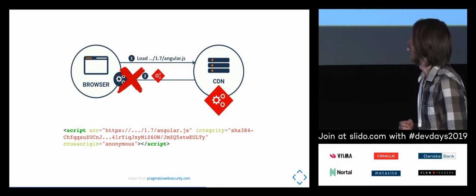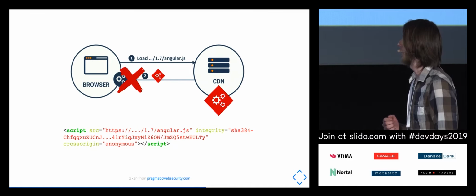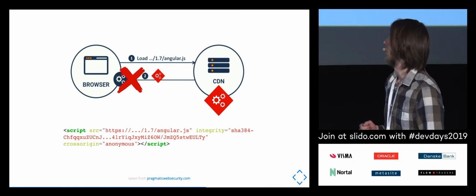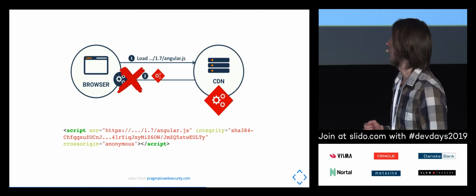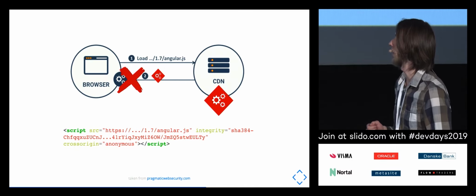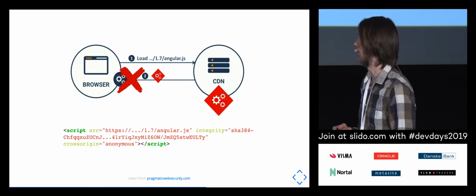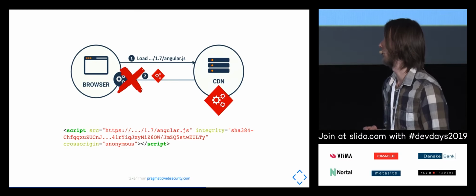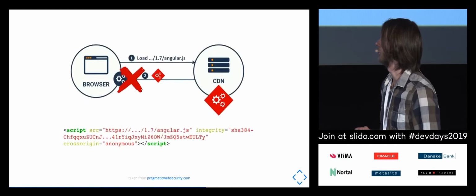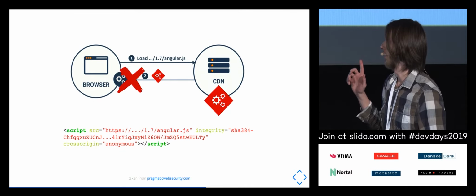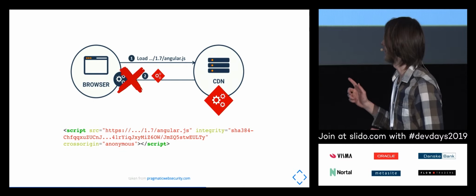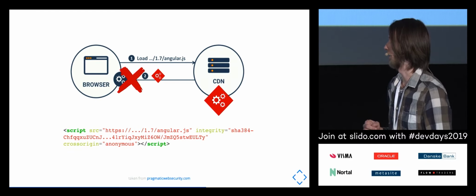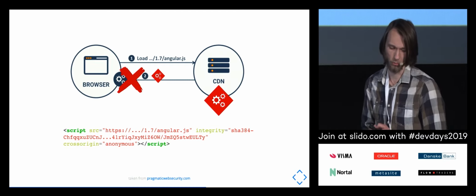So basically, when we are adding the integrity attribute and specifying what kind of hash it is, the browser knows that it's not this file anymore. And again, it's supported by almost all the browsers, so it's better to implement it now.